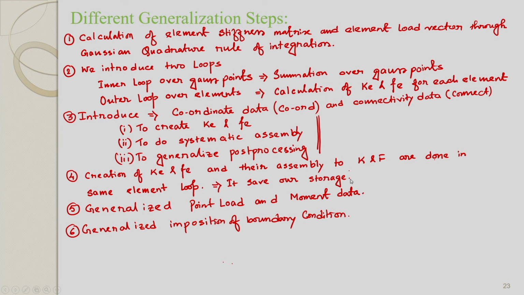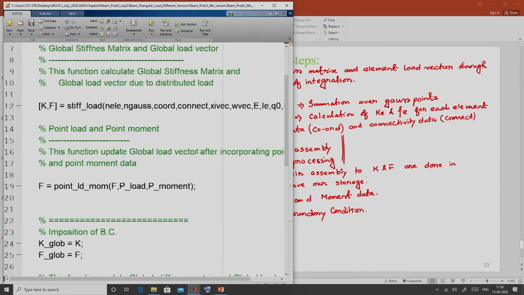In the same step itself, we assemble them to the global stiffness matrix and global load vector. Then we have generalized point load and point moment data, and after that we did the generalization of imposition of boundary condition.